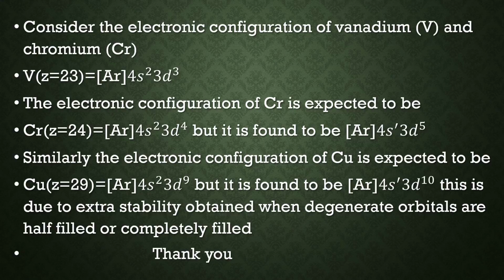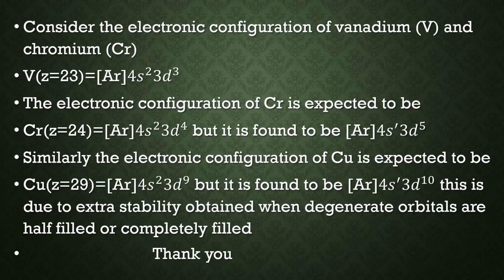The electronic configuration of chromium is expected to be [Ar] 4s2 3d4. But it is found to be [Ar] 4s1 3d5. Similarly, the electronic configuration of copper, Z equals 29, is expected to be [Ar] 4s2 3d9, but it is found to be [Ar] 4s1 3d10.